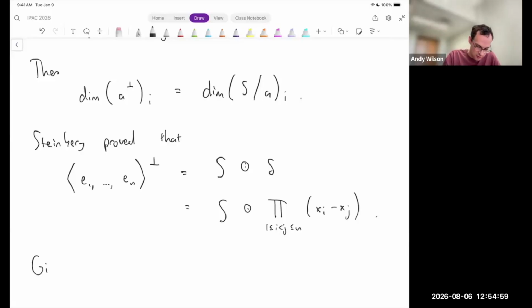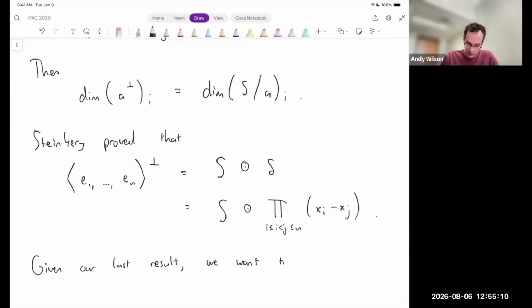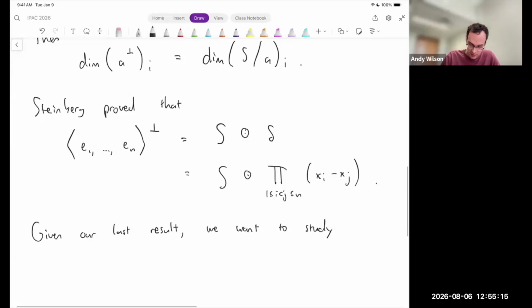So given our last result about this colon ideal, now what we want to do is to study what happens when we take all possible partial derivatives of not just the Vandermonde, but, let's see, we start by taking this derivative.